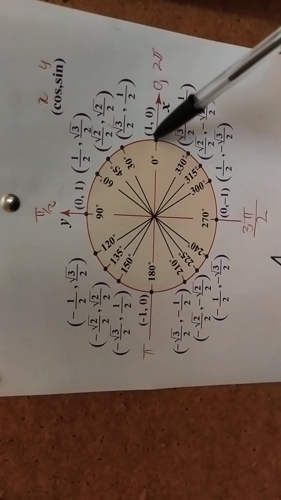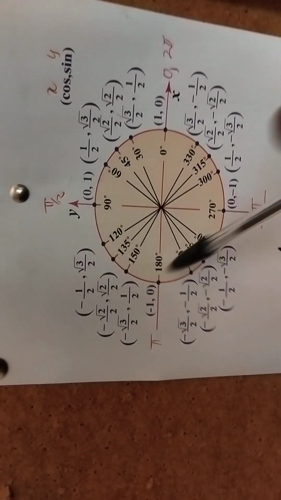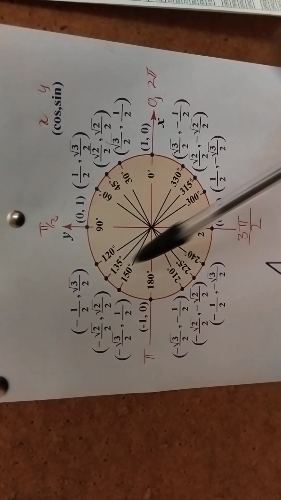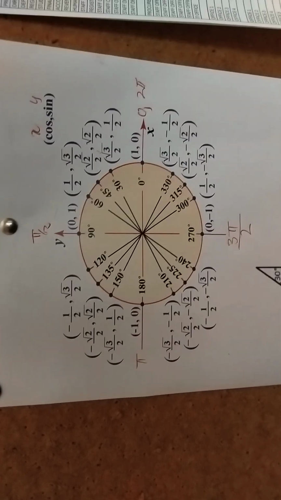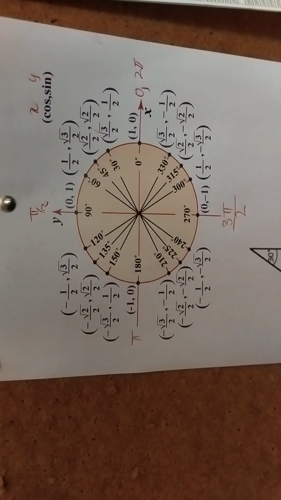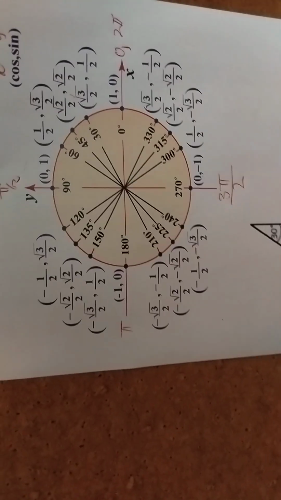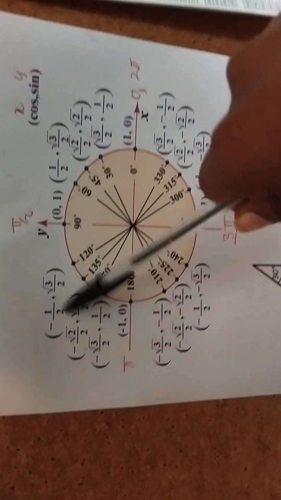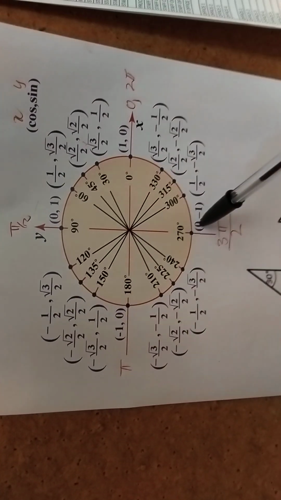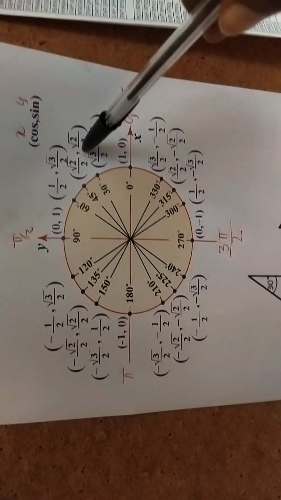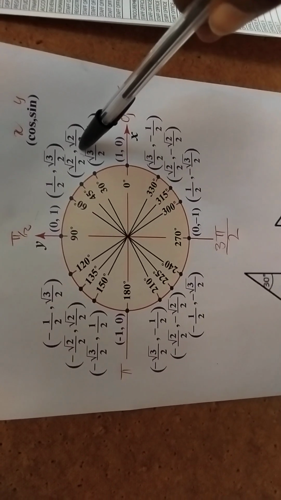So we first did these coordinates. Usually, for these ones, you are going to use the CAST rule and now evaluate these ones. Remember, the CAST rule: all are positive here.